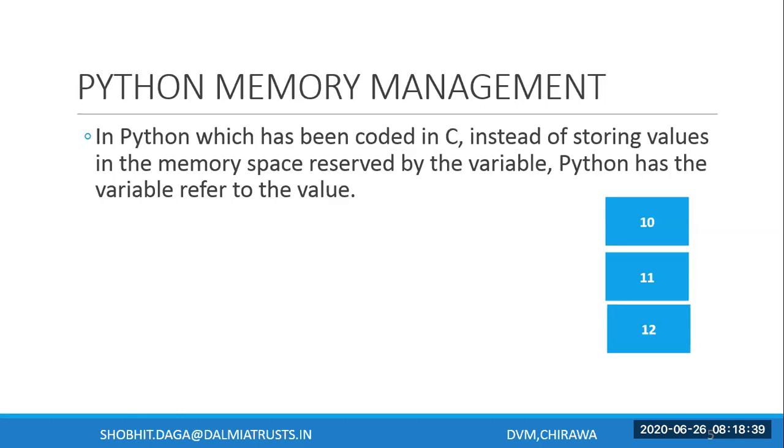Here in Python, we have some spaces already allocated for the values. Now, when you create a variable by writing var1 is equal to 10, var1 will not be given a new memory space. Rather, var1 will be pointing to the memory location where the value is stored. It will see that 10 is stored over there. So var1 will now be referencing that memory location. I am pointing to this value 10.